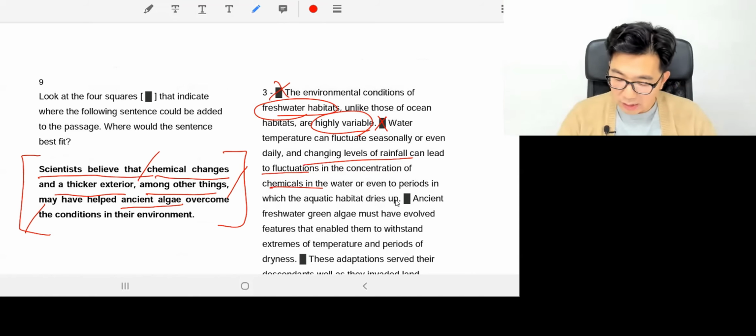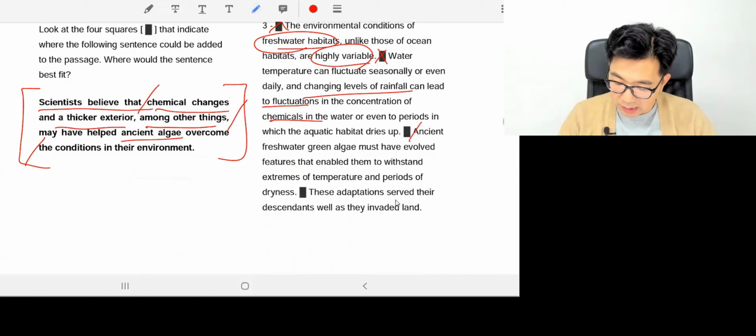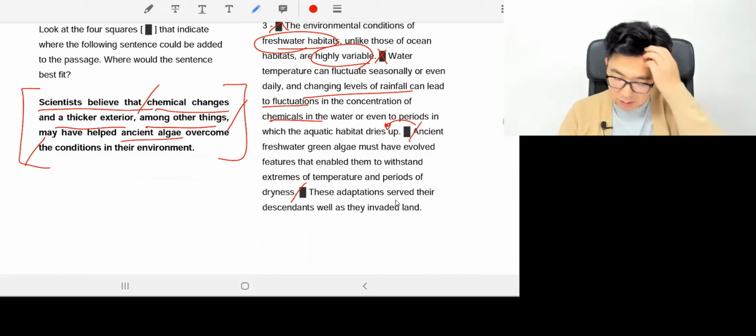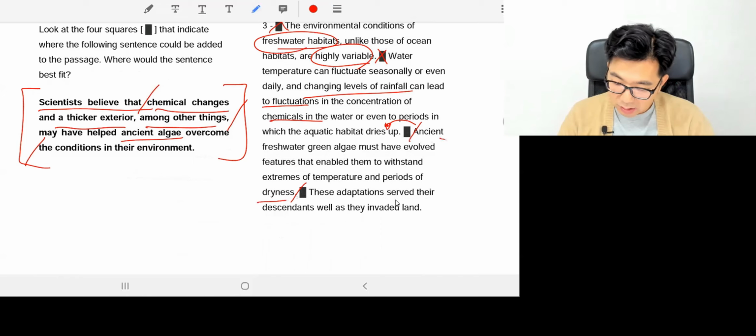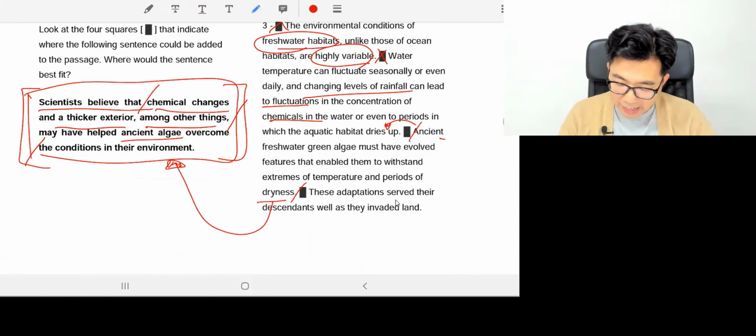Yeah, so let's check whether this sentence is better suited after the previous sentence, or whether this sentence supports that sentence, or actually the other way around. This sentence supports that sentence.